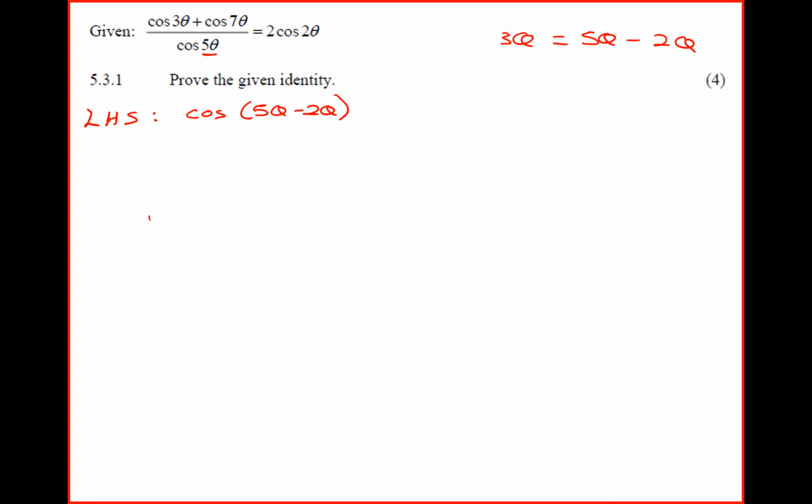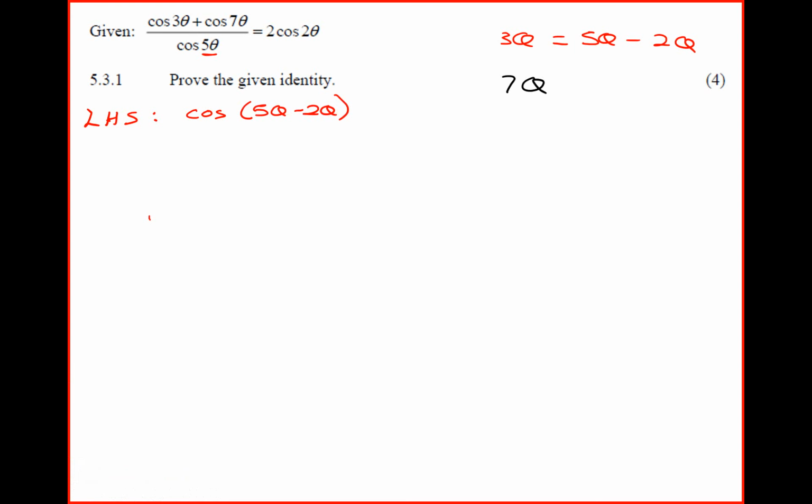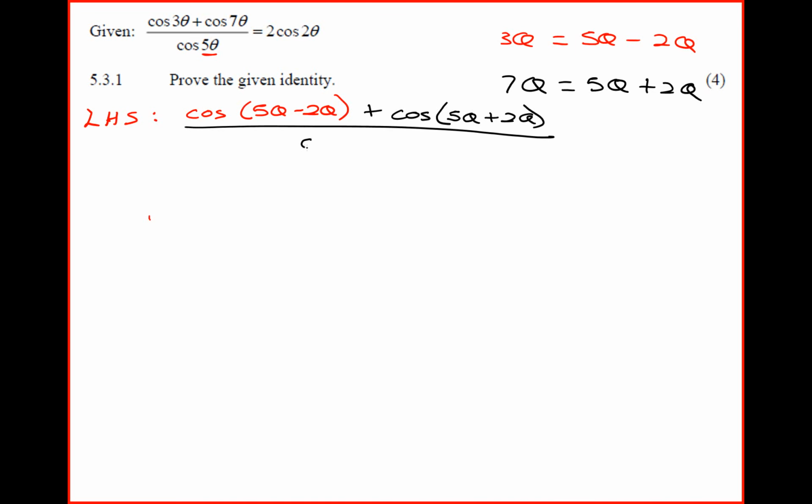Then I'm going to look at the 7 theta. And trying to match the denominator of 5 theta, we can write 7 theta as 5 theta plus 2 theta. So we're going to rewrite the cos 7 theta plus cos of, instead of writing 7 theta, we're now going to split it up and say it's 5 theta plus 2 theta, all over the denominator of cos 5 theta.